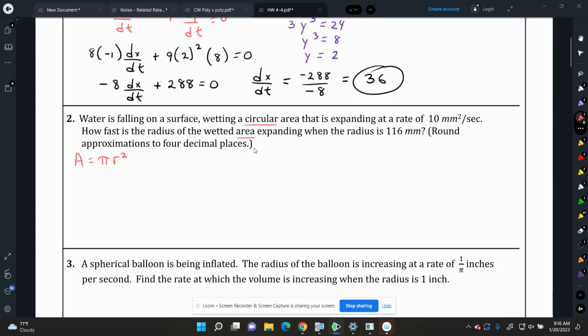Okay, so if I differentiate that, dA/dt equals 2 pi r dr/dt. Okay, so let's see what we have here. Water is wetting a circular area that is expanding. So dA/dt is 10.